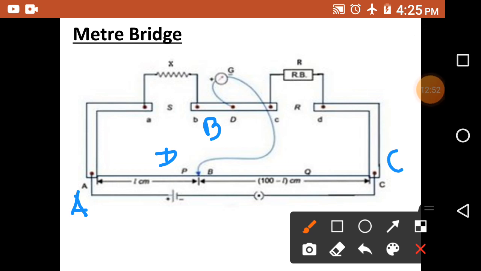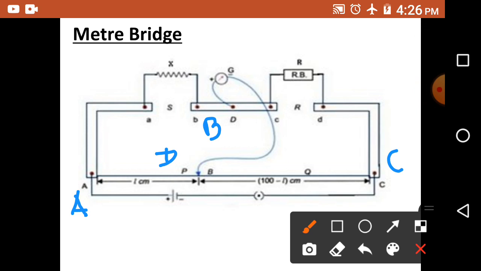Now the jockey is made to slide on the resistance wire and point D is determined, for which the galvanometer shows zero deflection. The length of the wire on the left hand side of point D is noted down as Lx, and the length of the wire on the right hand side of point D is measured as Lr.